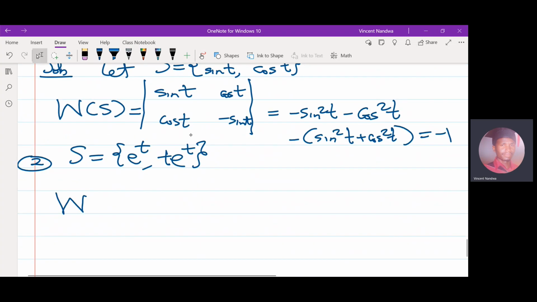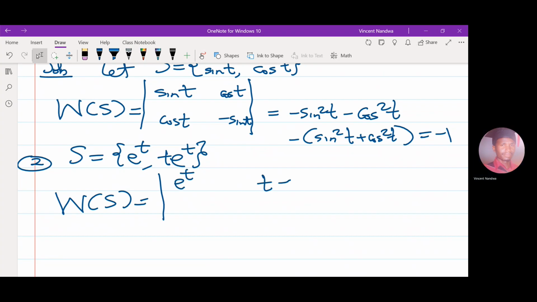So we'll have the Wronskian of S will be, so the only two functions, e power t, t e raised power t. So the derivative of e raised power t is e raised power t. But what is the derivative of t e power t?